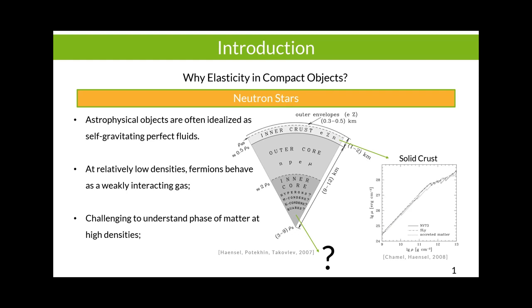This will be a spoiler perhaps for the next presentation. But one thing that I've studied already is to consider everything a fluid and then put just the solid crust first. In this case, you set the parameters in order to have this layer of around 1 kilometer, depending on where you put the threshold of the density.